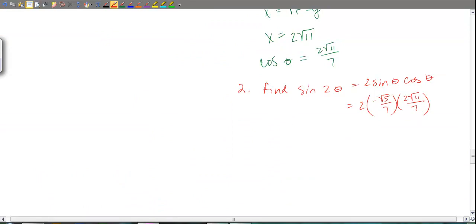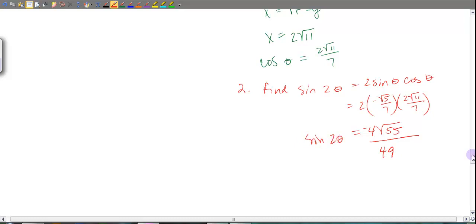When we multiply fractions, we're going to multiply numerator to numerator. So I get 2 times 2, because those are the real parts, so that would be 4. And the radical parts would be 5 times 11, which would be the square root of 55 with a negative out here. And 7 times 7 is 49. So that's what the sine of 2 theta is.